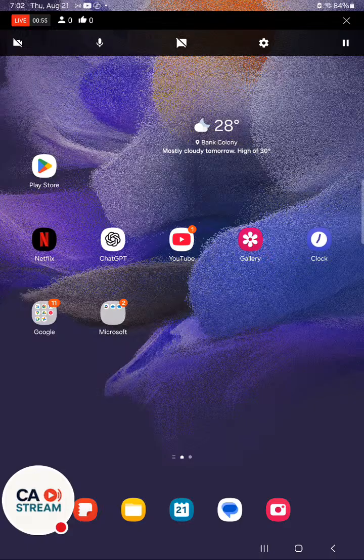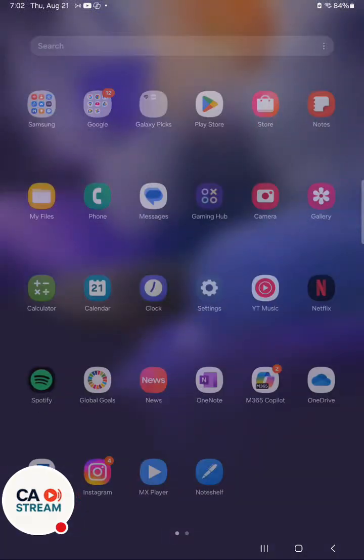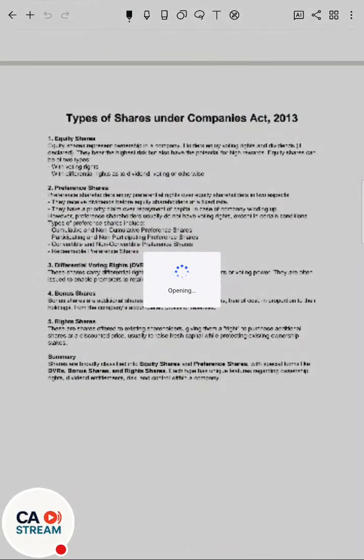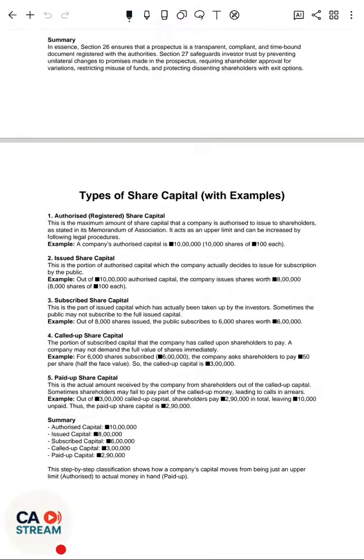Okay, today I'm going to start with share capital or types of the shares.